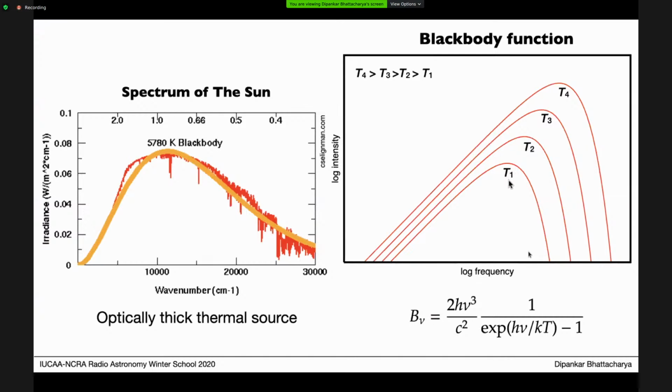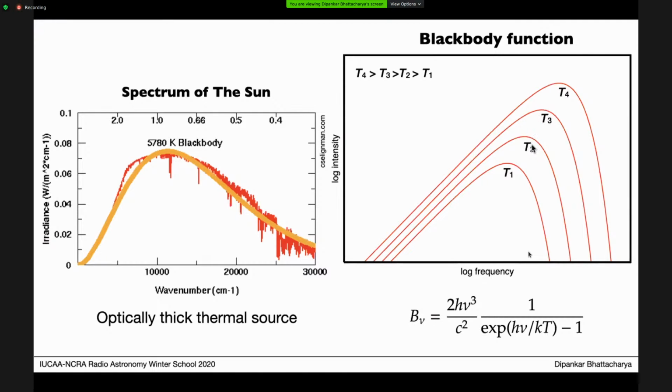Its peak frequency moves to higher and higher frequencies as you increase the temperature. And the shape of the function remains the same. It just scales up to different sizes.